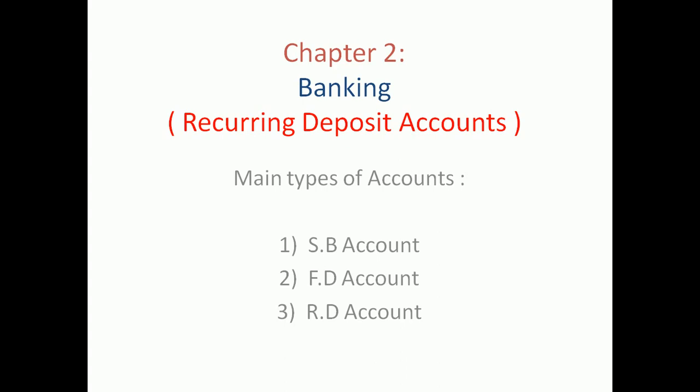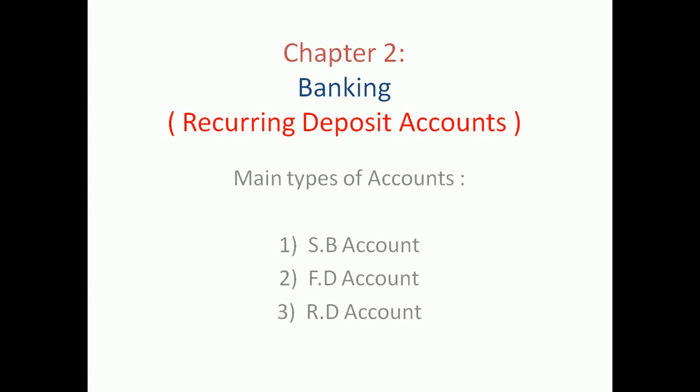The feature of an RD account is, assume as of now you don't have much money, but you are a salaried employee or you have a business and you know that per month you can save some fixed minimum amount, and instead of keeping this fixed minimum amount in your home or SB account, you can start having an RD account, that is, recurring deposit. Every month you can deposit the same fixed amount in your bank account, that is known as an RD account.